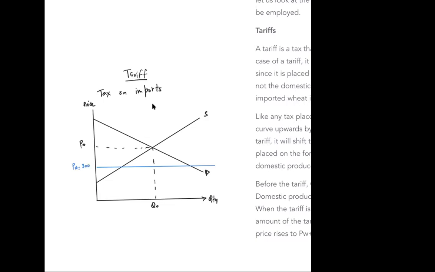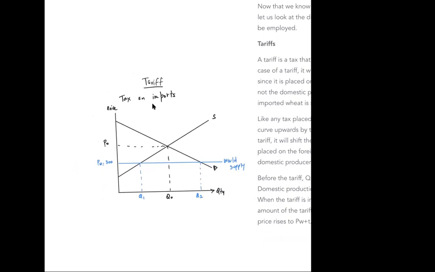At this world price, Q2 minus Q1 is being imported. So this is my world supply. And the domestic price, for example, is $350.